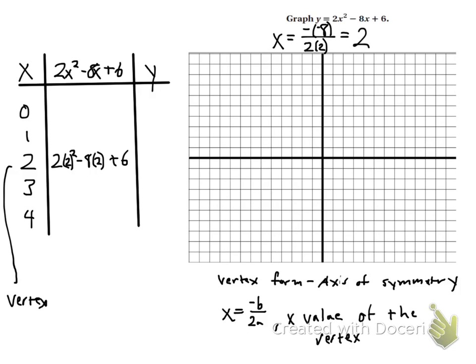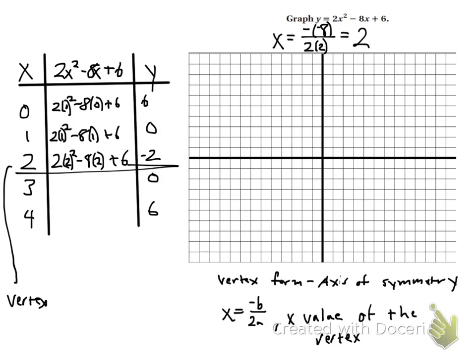That gives me 4 times 2, which is 8, minus 16, which is negative 8, plus 6 is negative 2. Plug in 1: 2 times 1 times 1 plus 6. End up with 2 minus 8, which is negative 6, plus 6 is 0. Plug in 0, and you get 6. So 0, 6, because this is my vertex. I go to graph, I get 2, negative 2.